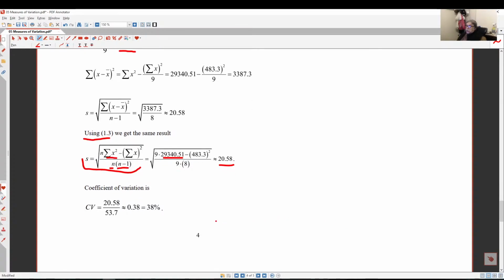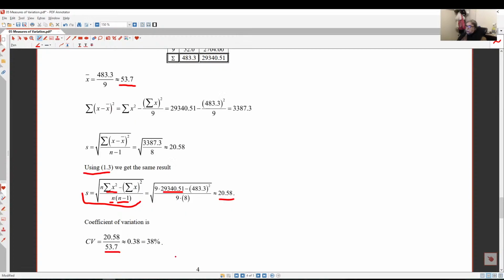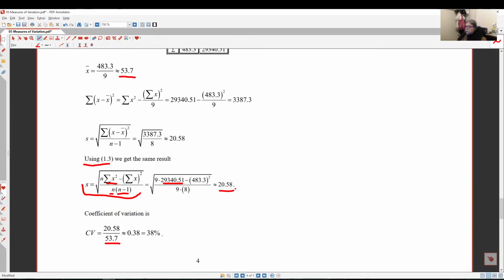Okay, the coefficient of variation is the standard deviation, 20.58, divided by the average success, 53.7. We're talking about percentages, right? The average jump away from the mean is 20.58%. The average of all of the successes of the nests is 53.7%.